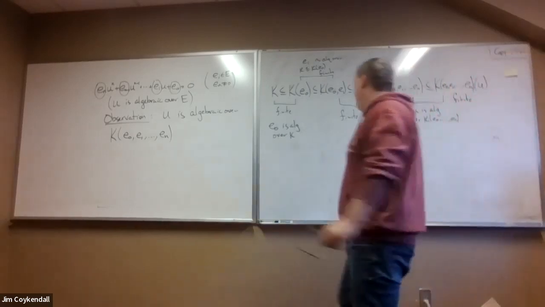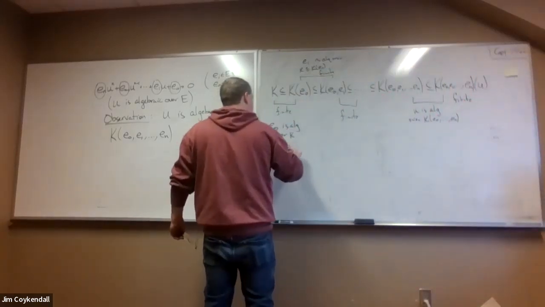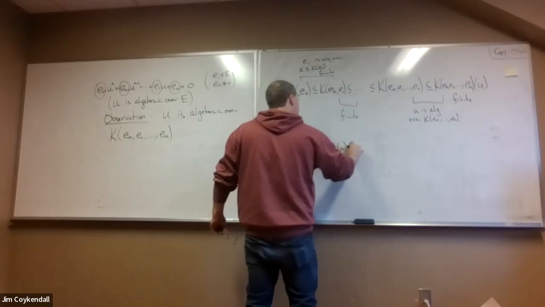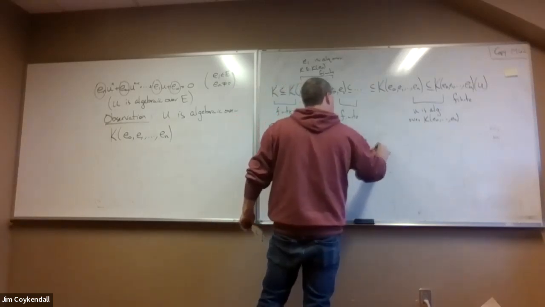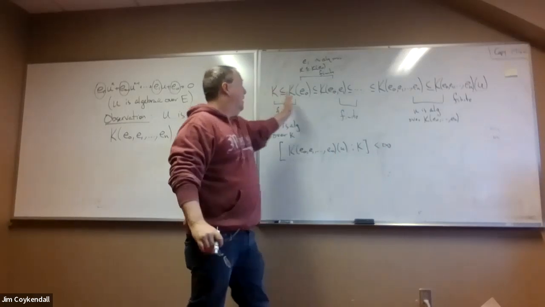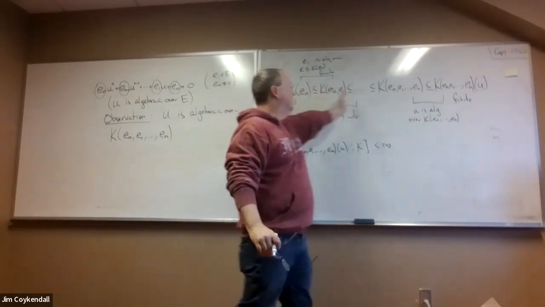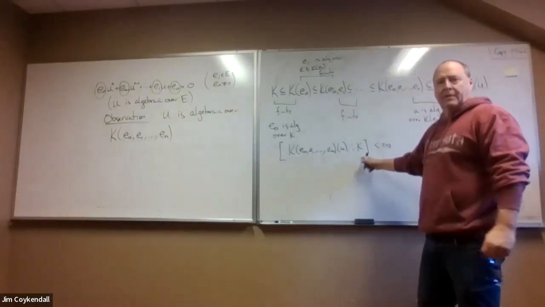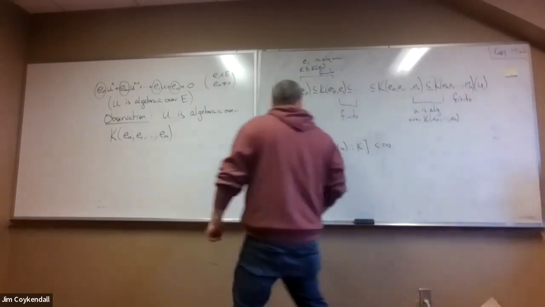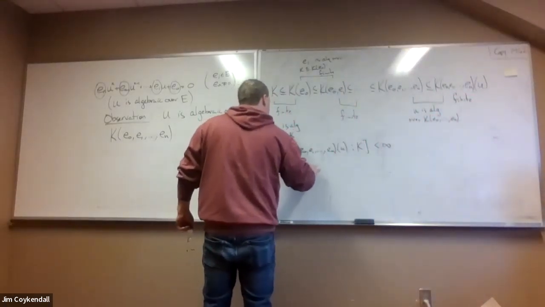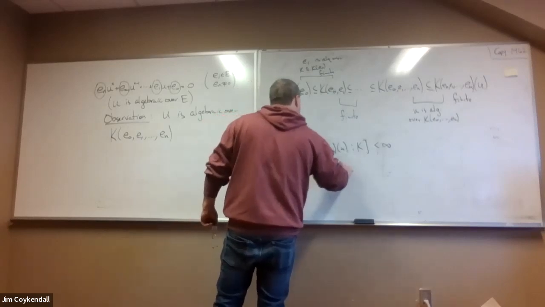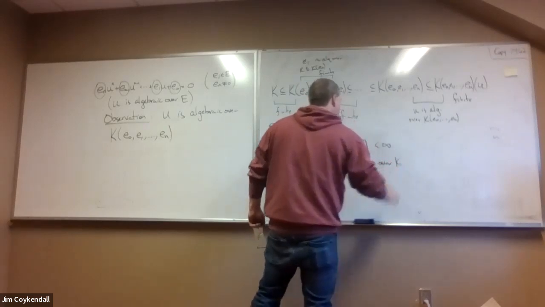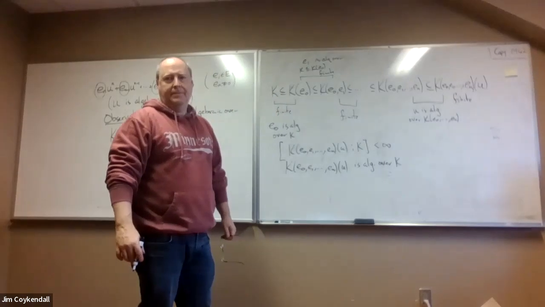So the whole kit and caboodle, this tower, is a finite number of steps, each of which is a finite jump. And so the whole jump is finite. So K, E0, E1, ..., En, U is algebraic over K because it is a finite extension.